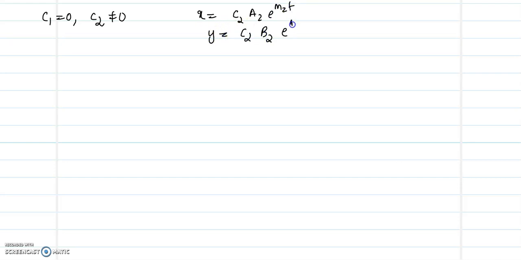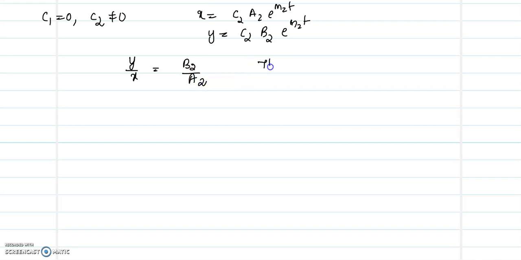Now second, let us take the case when c1 equals 0 and c2 is not equal to 0. So we get x equal to c2 a2 e raised to m2t, and y equal to c2 b2 e raised to m2t. Upon dividing, we get y by x equal to b2 by a2.